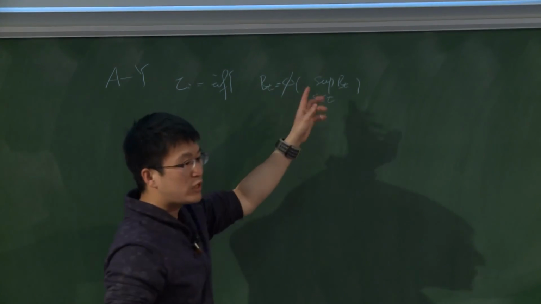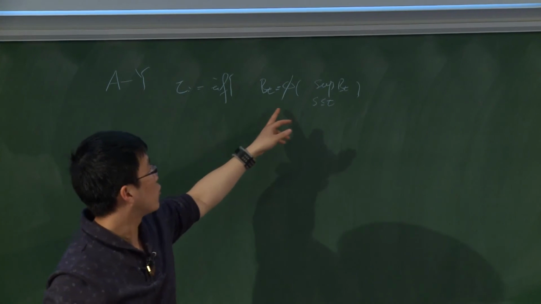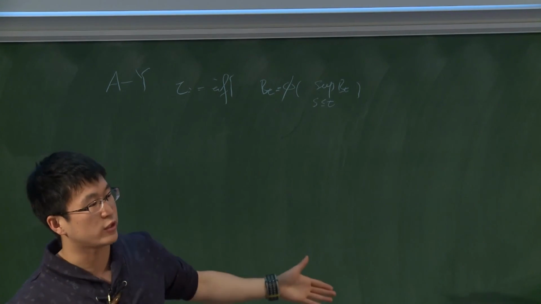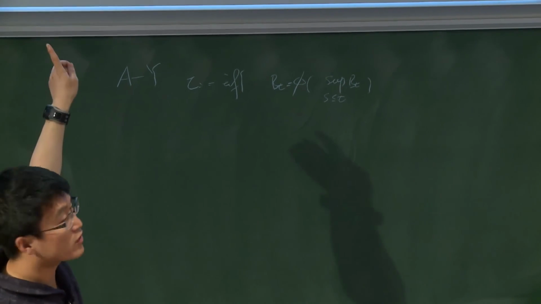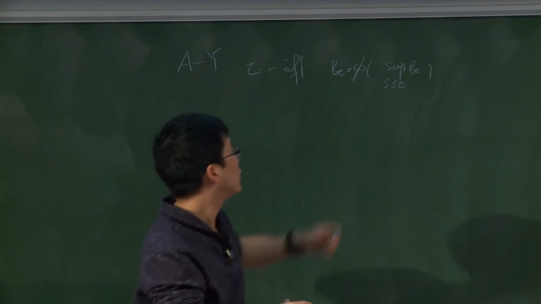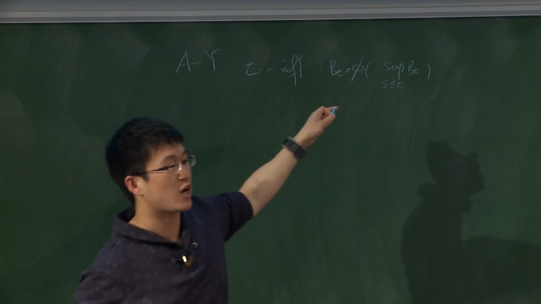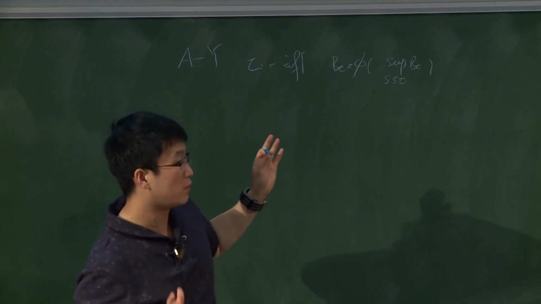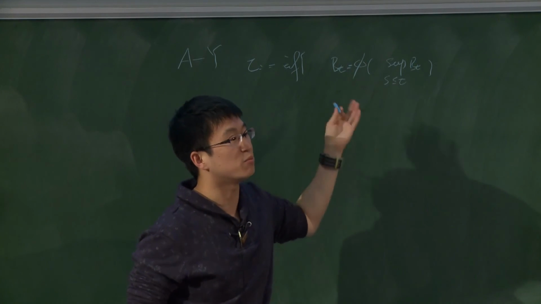So for some very specific examples, the phi can be calculated. But using this criterion, we cannot recover the explicit form of this function phi. But we know there must exist some increasing function.